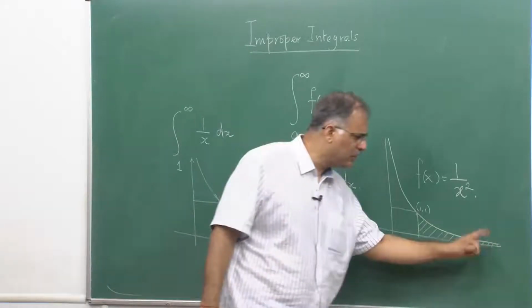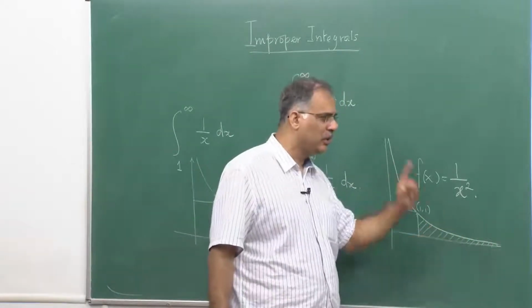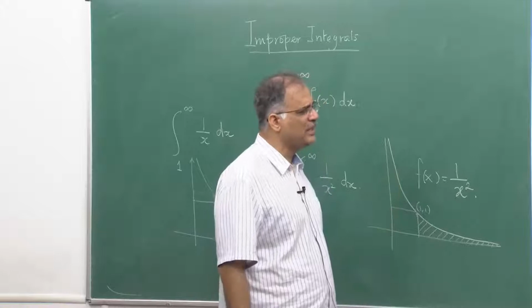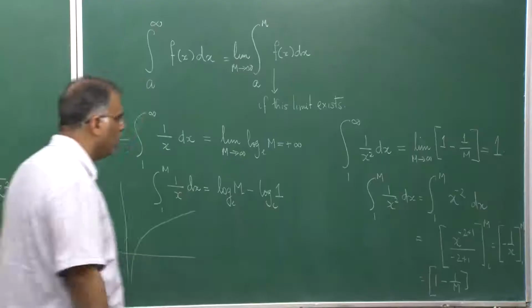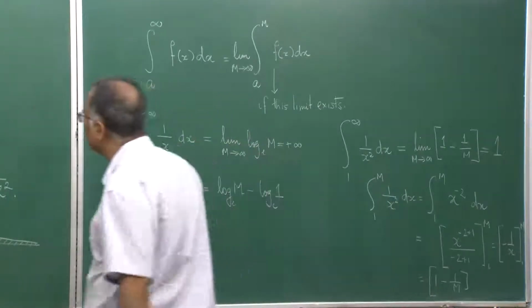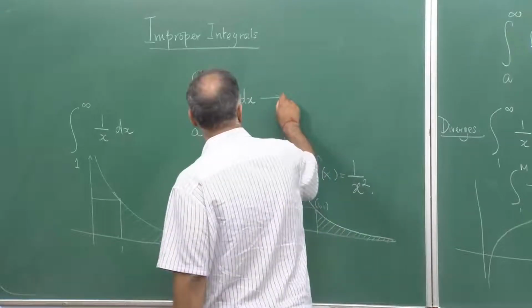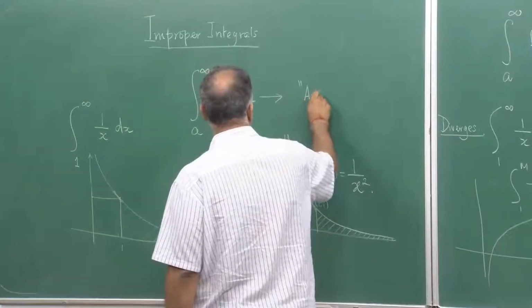You want to calculate the area under the curve, it has an area and which is 1. You cannot say it has an area in the sense of the area that we know, but an area in the limiting sense. So, you have to understand here, this simply means area in the limiting sense.